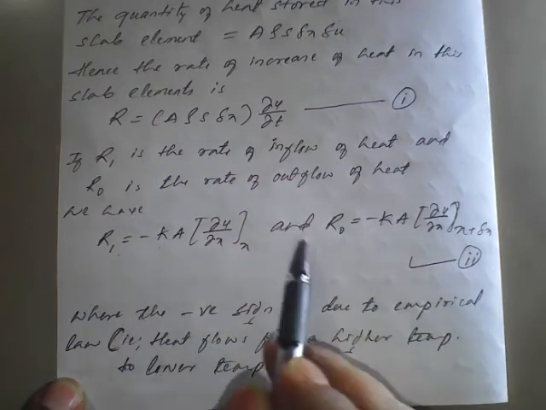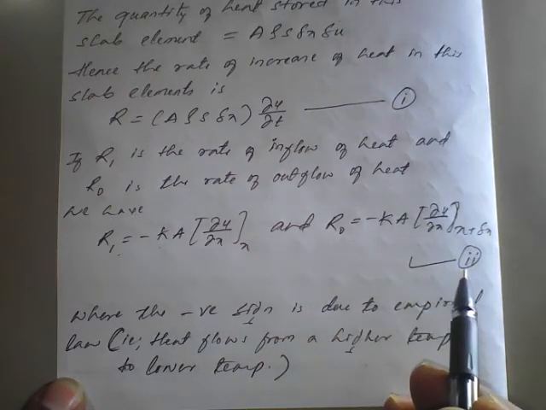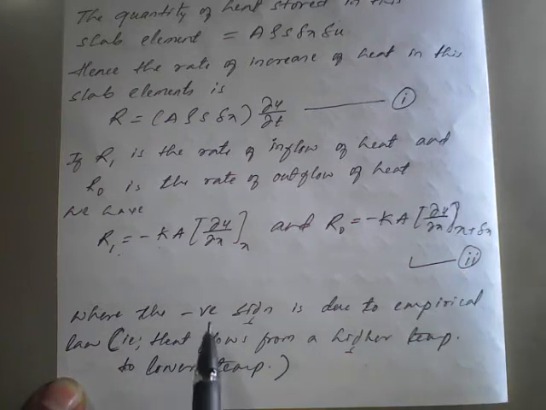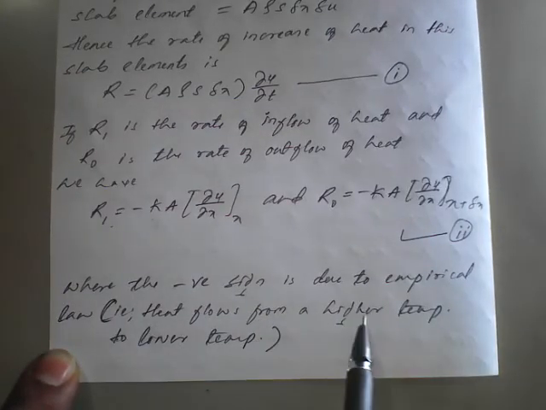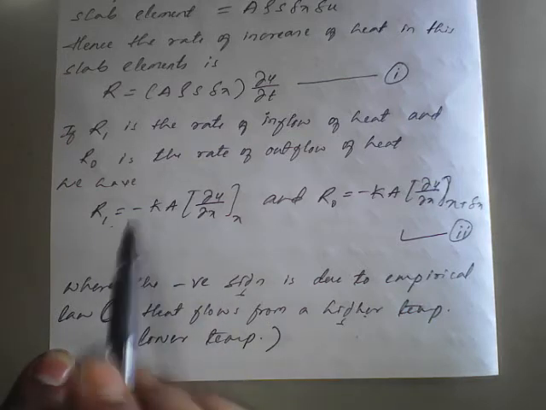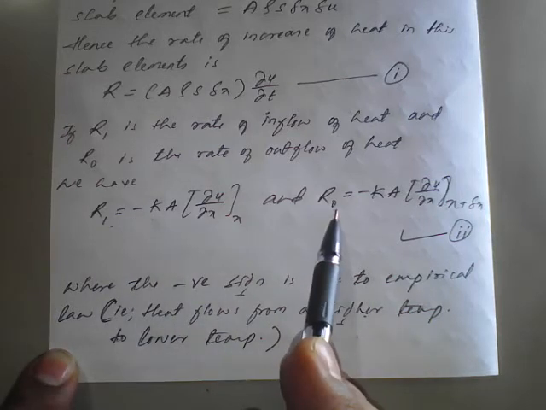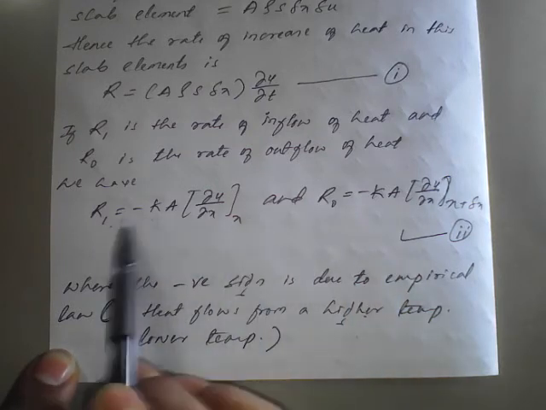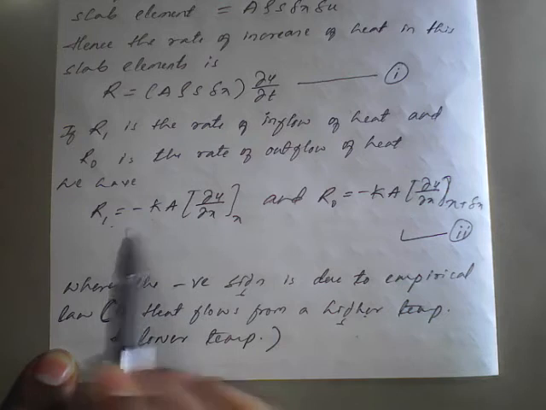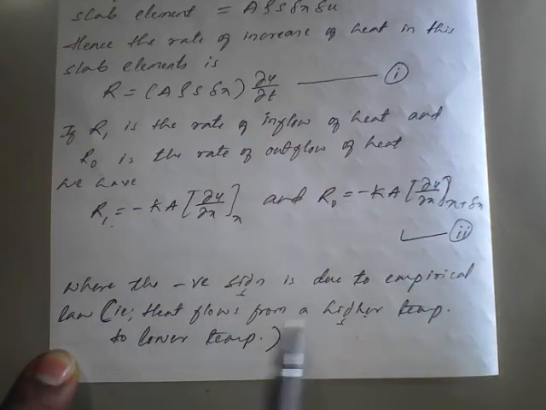Call these two equation 2, where the negative sign is due to the empirical law. What is the empirical law here? Heat flows from higher temperature to lower temperature. So the negative sign is taken based on this.